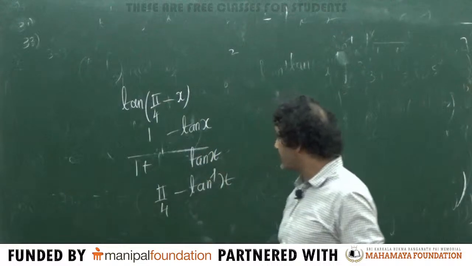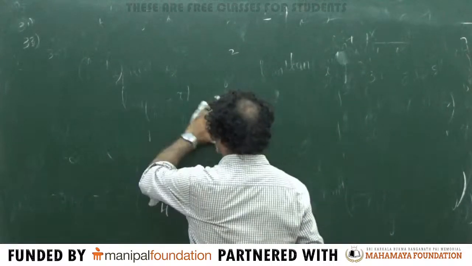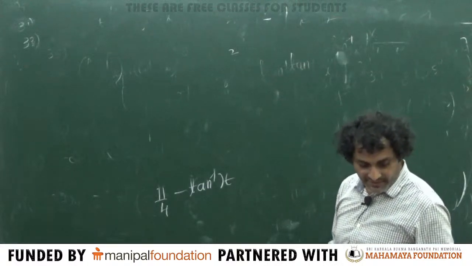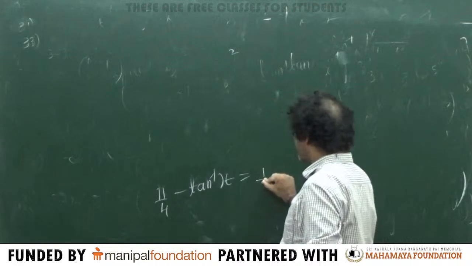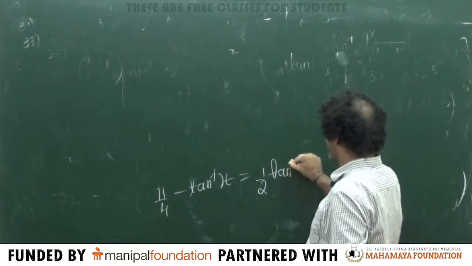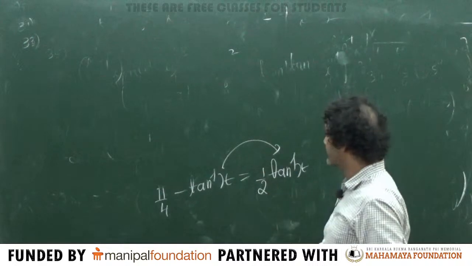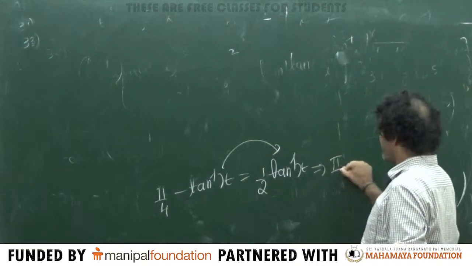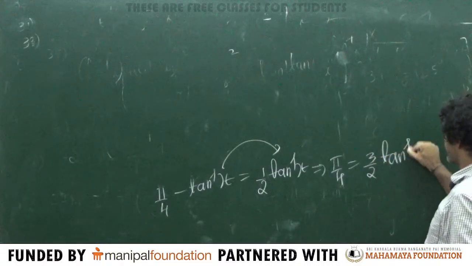Whenever you have 1 minus x by 1 plus x, using the shortcut you can straight away write pi by 4 minus tan inverse x. On the other side you have half tan inverse x. Can you move it here? So pi by 4 is 3 by 2 tan inverse x.